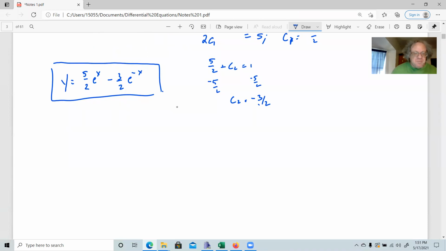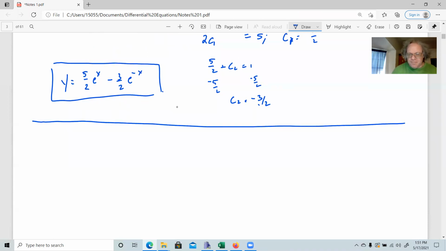However, speaking of harder, this is nitpicky harder. It's not necessarily harder. So we have 3x squared minus y squared is equal to c, and they want to verify this is the solution to y times y prime is equal to 3x.